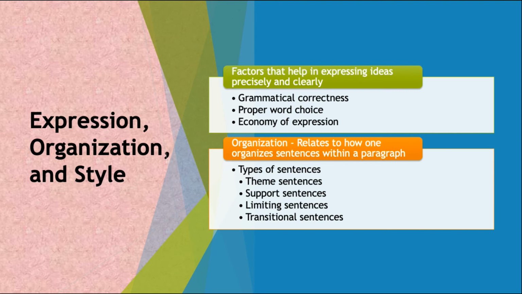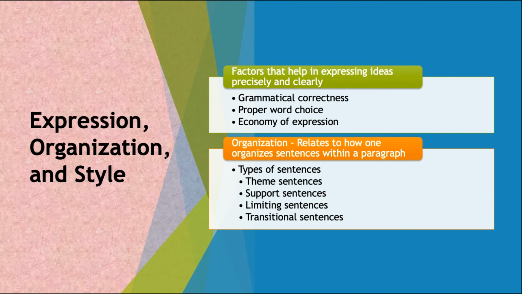Support sentences follow the theme sentence and support and elaborate the theme. Limiting sentences indicate possible limits to the assertion made in the theme sentence. And finally, transitional sentences smoothly shift from one idea to another within a paragraph. These four types of sentences can be combined to achieve unity.